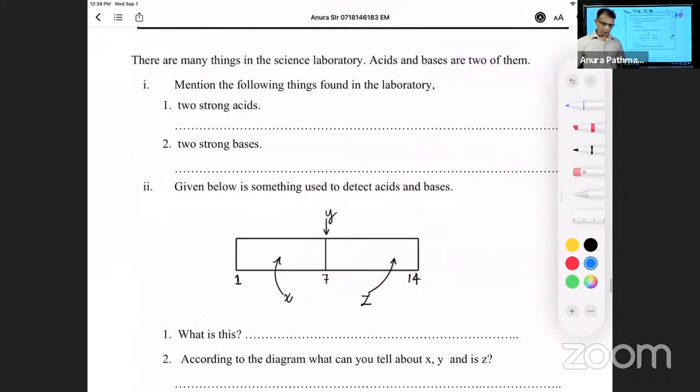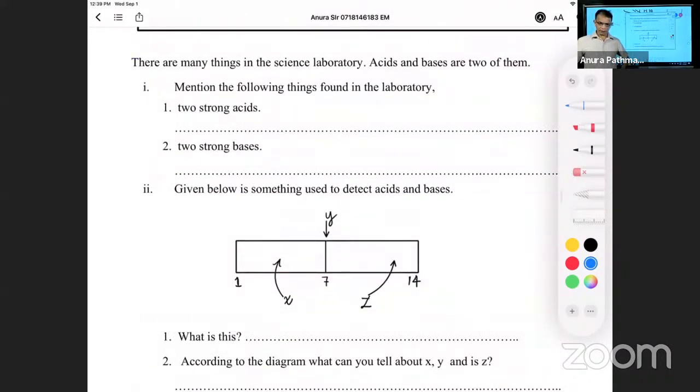There are many things in the science laboratory. Acids and bases are two of them. Mention the following things found in the laboratory. Two strong acids: sulfuric acid, hydrochloric acid, nitric acid.